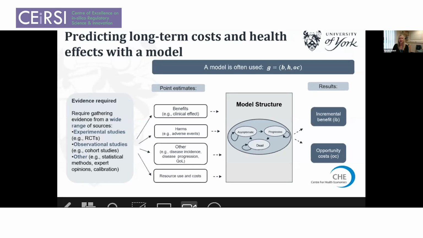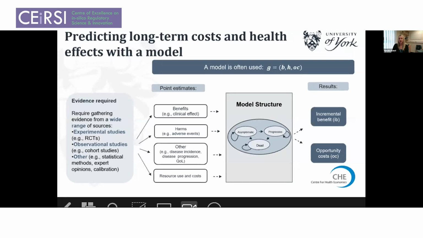And some model inputs may be currently unknown and cannot be informed using any evidence because no data exists. And in these cases, the unknown model inputs may sometimes be obtained through model calibration, which is a process of determining the parameter values that result in model outputs that fit to empirical data.